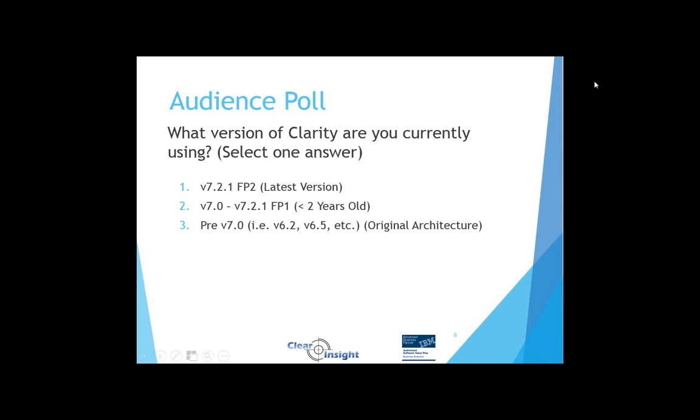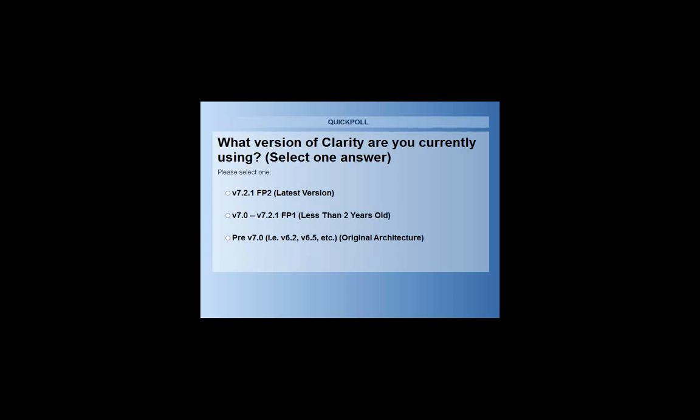So I'll ask Susan to open up the poll now for us, and if you could each take a minute and make your selections as to what version of Clarity you're currently on. That would be very helpful to us, and I'm sure will be of interest to each of you on the call as well.